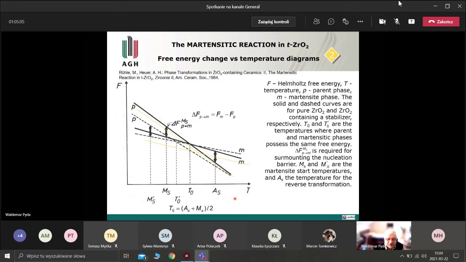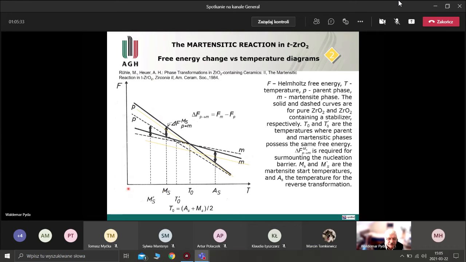Because the transformation will appear at MS independently of the cooling temperature. Yes, we can cool slowly and go to MS. We can cool the material very quickly to MS and then further.